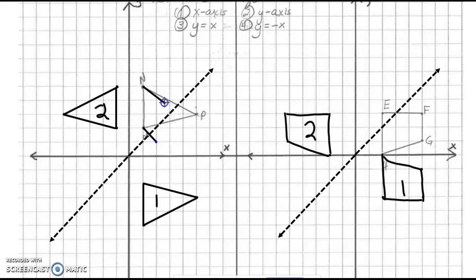So here I cut from N to the dash line. I went through 2 squares, correct? So I'm going to go the opposite direction, 2 squares as well, and cut those squares diagonally and put a new point there. That is my N prime. And then P is going to cross the other direction.